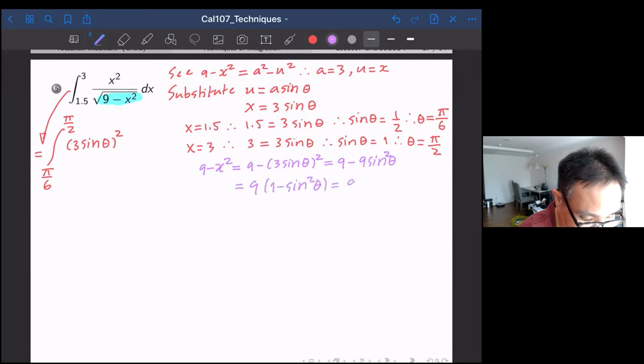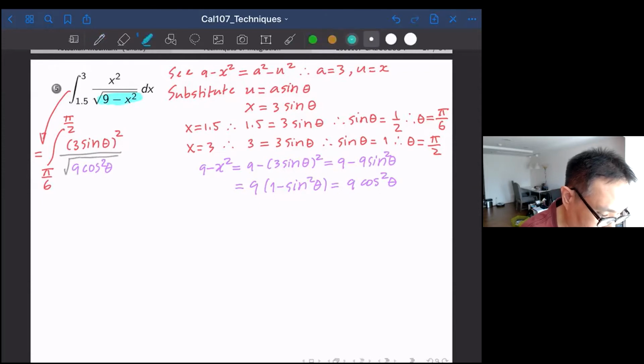So it's going to be 9 cos squared theta. Okay, so that will be my bottom. So it's going to be the square root of 9 cos squared. Okay, so that allows you to have this one.